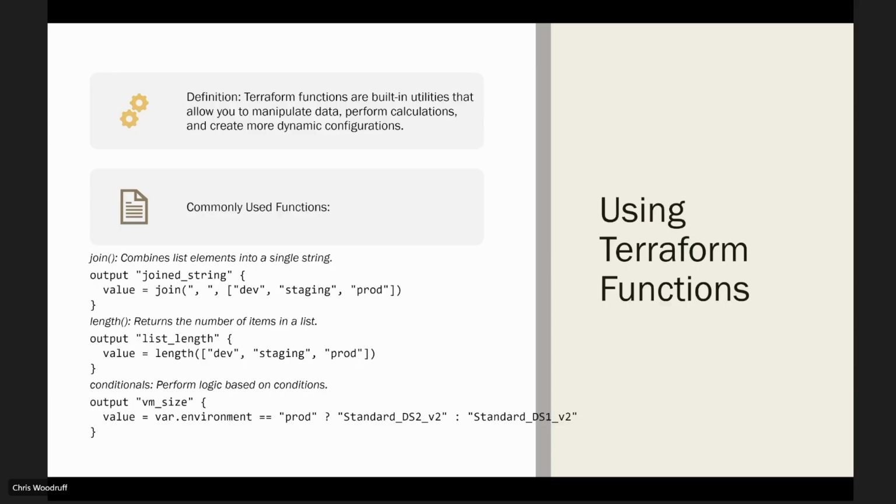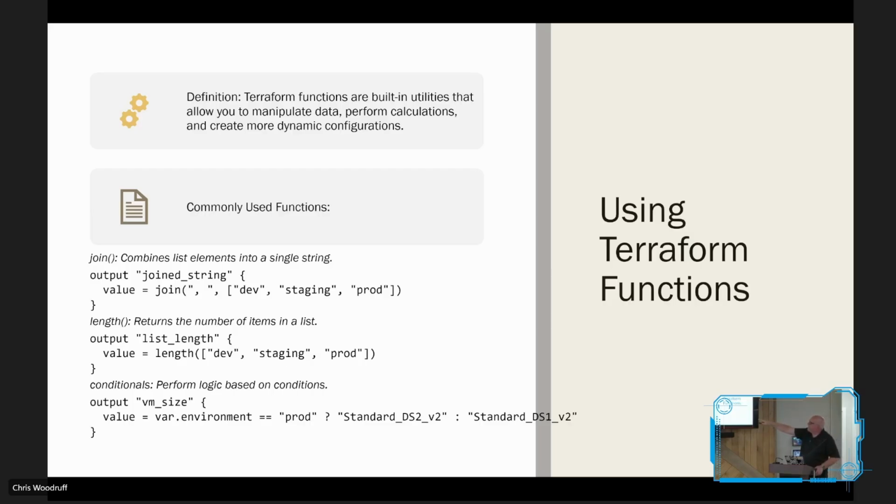And whatever is going to use that output variable for VM size will go out and do that conditional. But if you do want to get a length or join things together, you can join strings together. I've never used these functions, but I know they're out there.